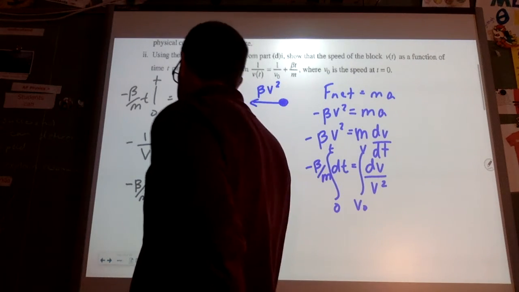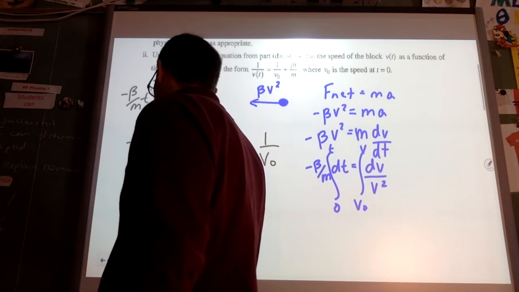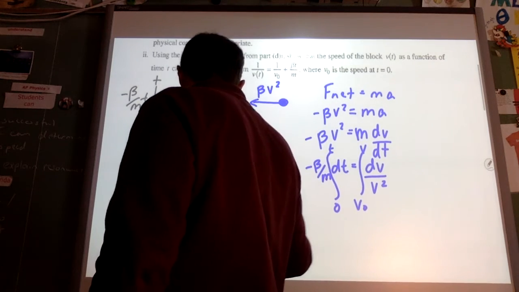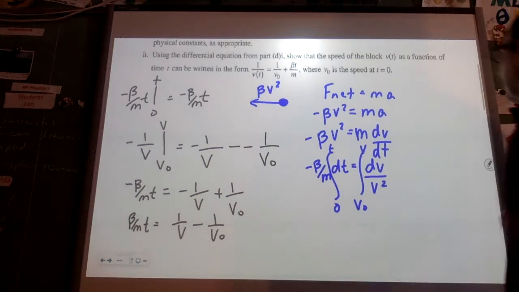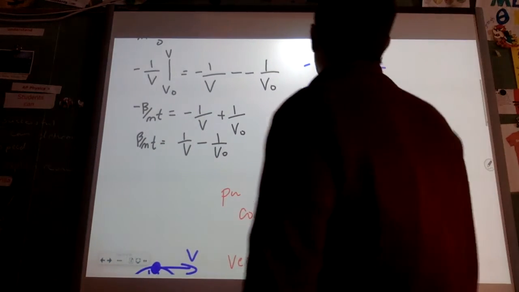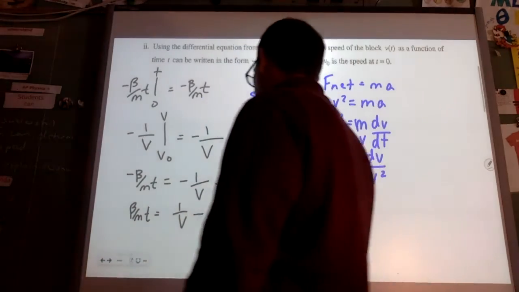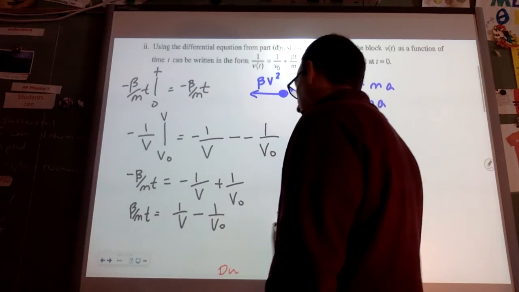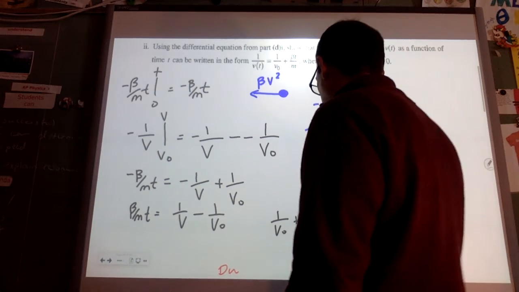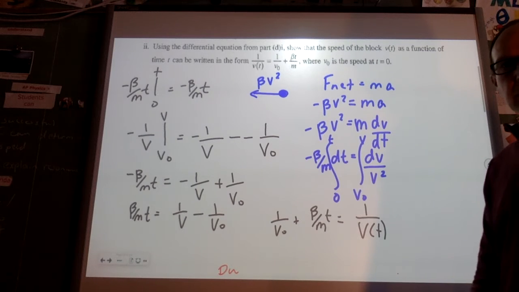So when I multiply both sides by negative 1, I'm going to add that to the other side. So I'm going to have 1 over v naught plus, and I'm allowed to put this t in there, right, because it's a function of t.